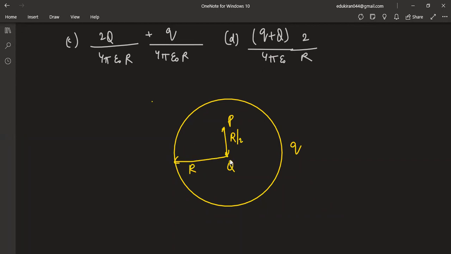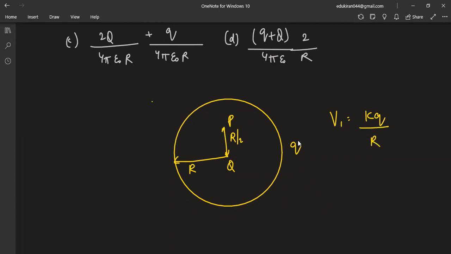Electrostatic potential at a point P at a distance R by 2 from the center. This you have to find out, right? So at P, due to the whole shell, no matter what, it will always remain KQ by capital R.